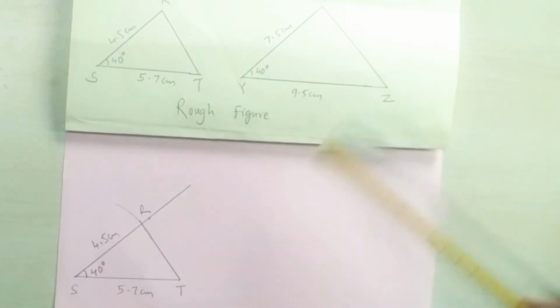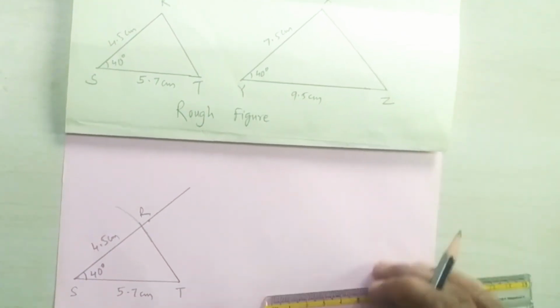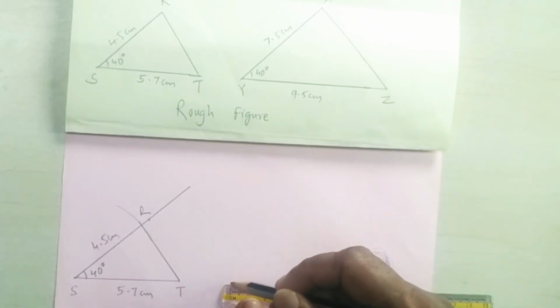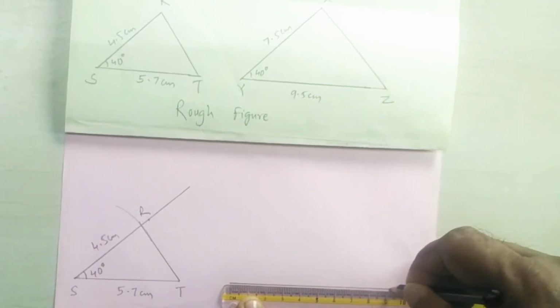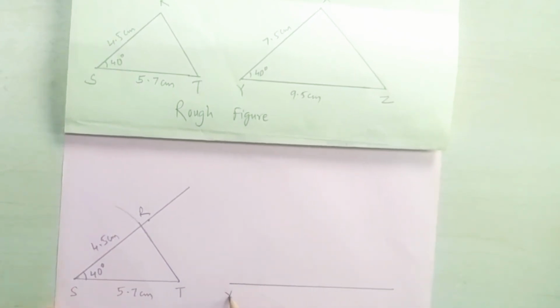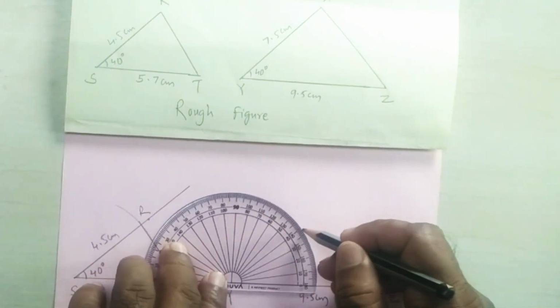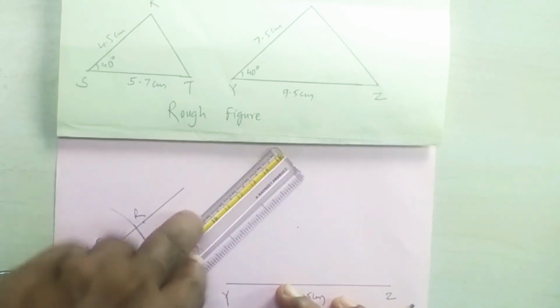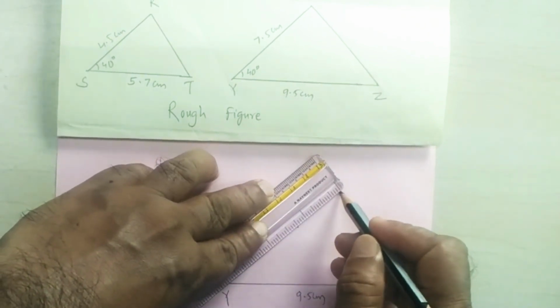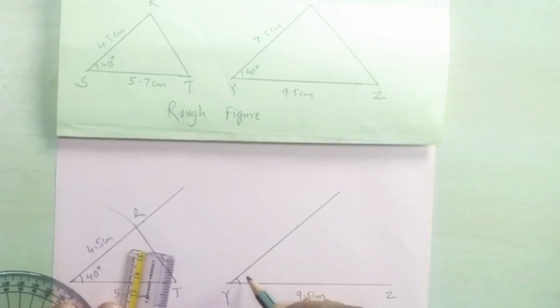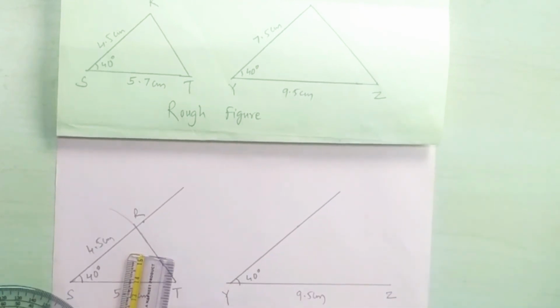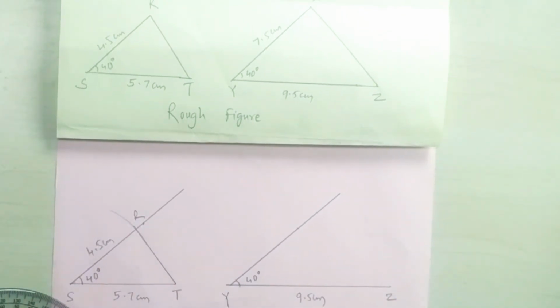So YZ first, YZ is 9.5 centimeter. Draw YZ of length 9.5 centimeter. Then with the protractor, draw an angle of 40 degree at Y. Now with the help of compass, the length of segment XY is 7.5 centimeter.